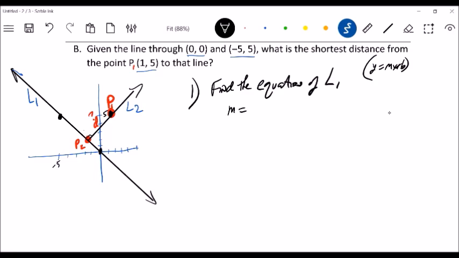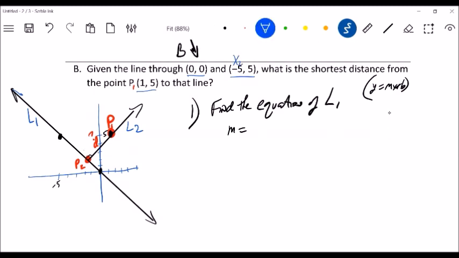M equals (y2 minus y1) over (x2 minus x1), because it's second pair, first pair. So the slope is, oops, y is on top, so it's 5 minus 0 over -5 minus 0, which is 5 over -5, which is -1.